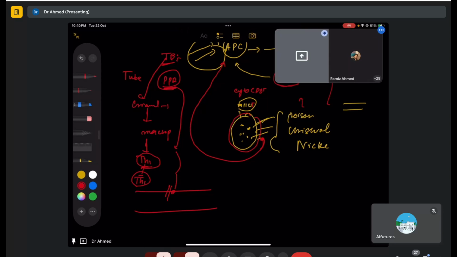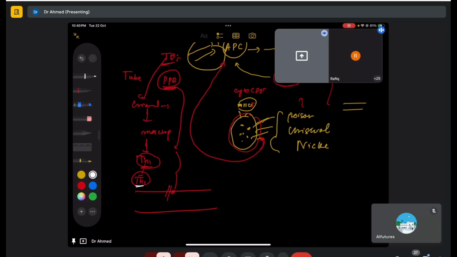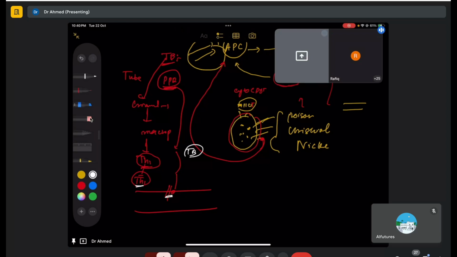Are you getting me? Yes. So he already has Th1 cells. If I inject some components of that TB bug beneath his skin, these cells are going to come, release their macrophages, and you are going to see some local inflammation. Simply, this is an example of your type 4 hypersensitivity.